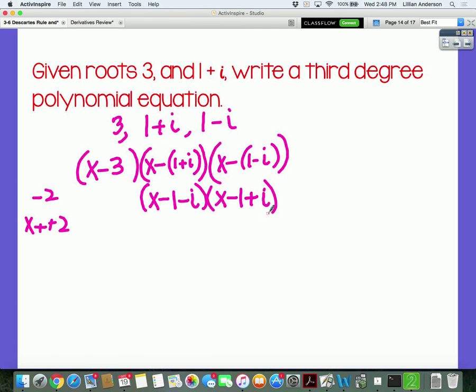Now I just multiply. I'm going to multiply every single term in the first parenthesis by every single term in the second parenthesis. So what's x times x? x squared. What's x times a negative 1? What's x times an i? ix, or xi, either or.